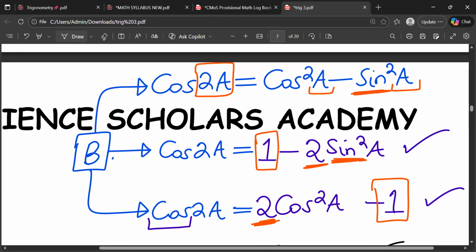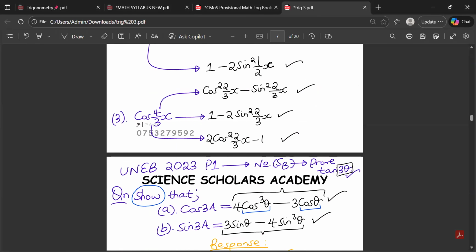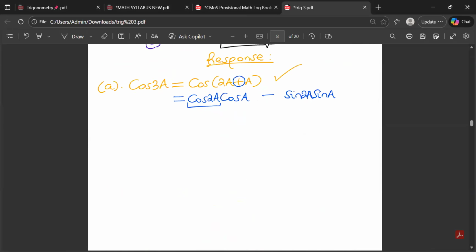Which one are we taking? We cannot take the first one. Blessed daughter, we cannot take the first one because it's having sine. And we don't need sine in what we are doing. So it is out.